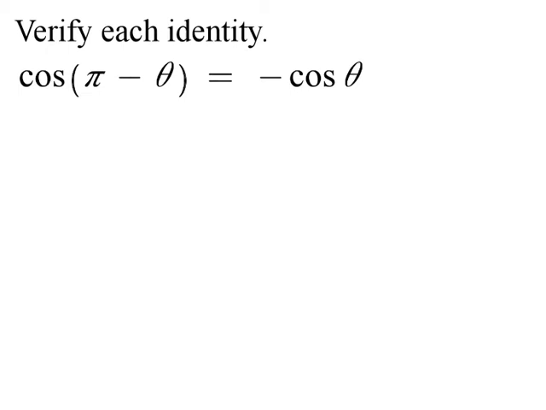All right, so verify each identity. We're going to pick the most complicated side. The most complicated side is what? The left side. So I'm going to go ahead and expand this out using the cosine formula.